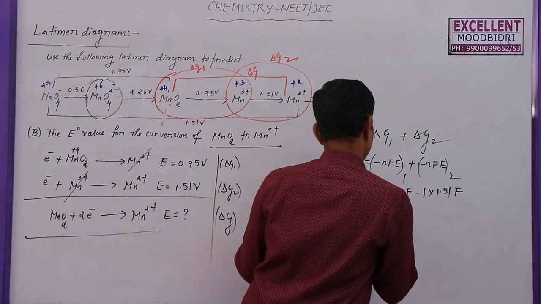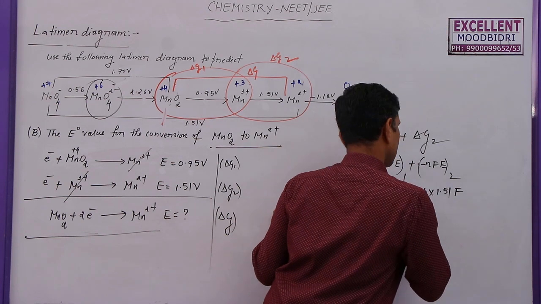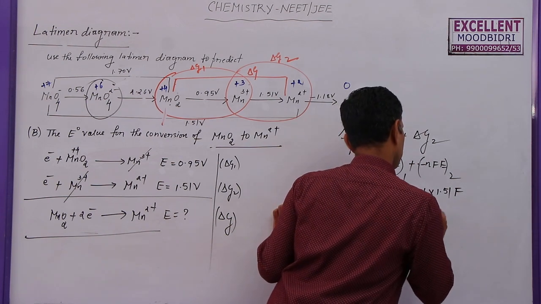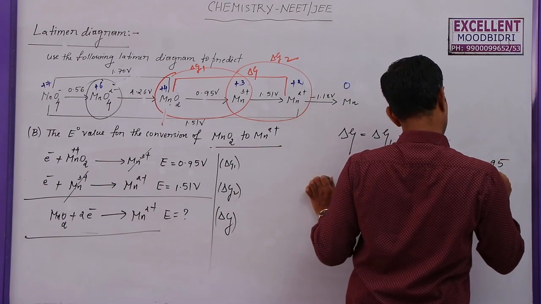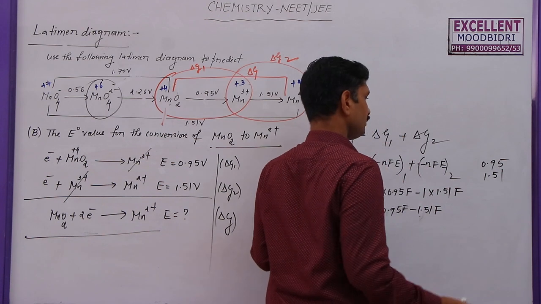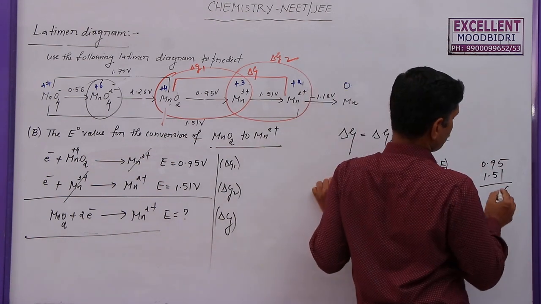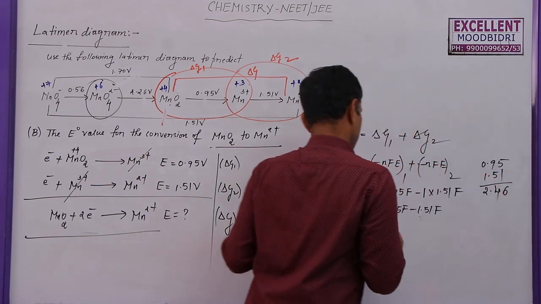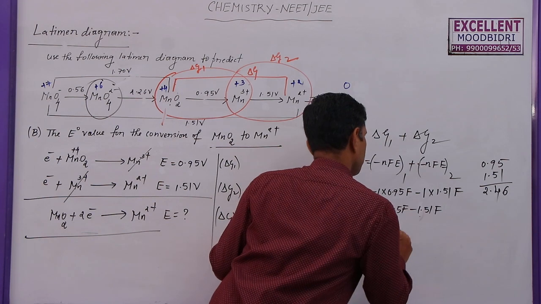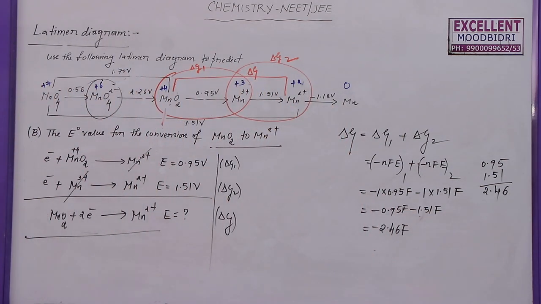So minus 0.95 F minus 1.51 F. So 0.95 plus 1.51 is 2.46, so minus 2.46 F. Next you have to simplify this.